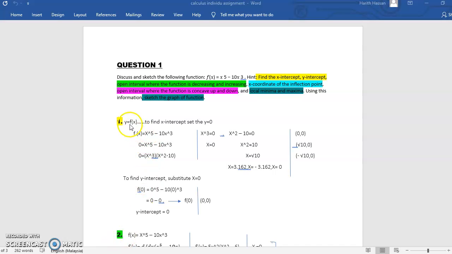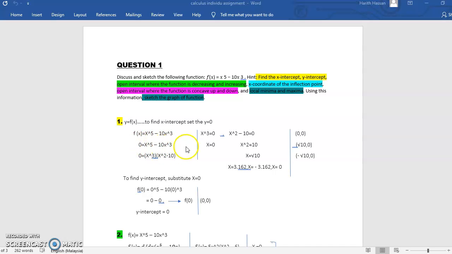So look at this. First step, I note it with yellow color. To find the x-intercept, set y equal to 0, which, since y equals f(x), means f(x) equals 0 also.